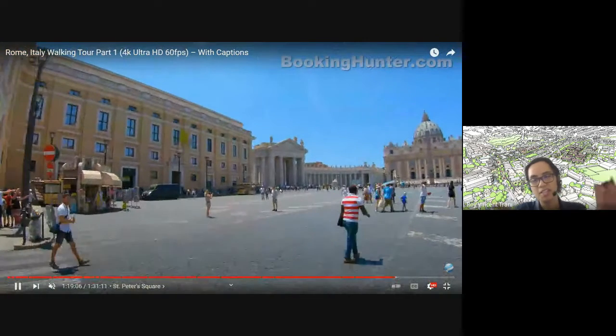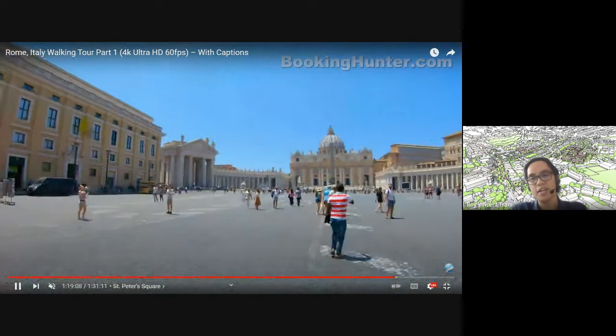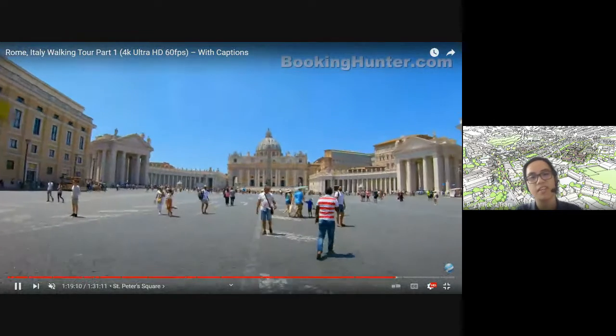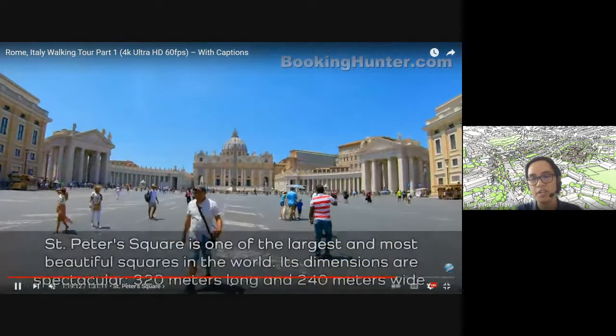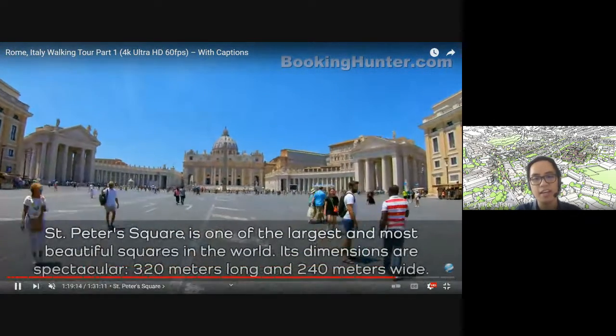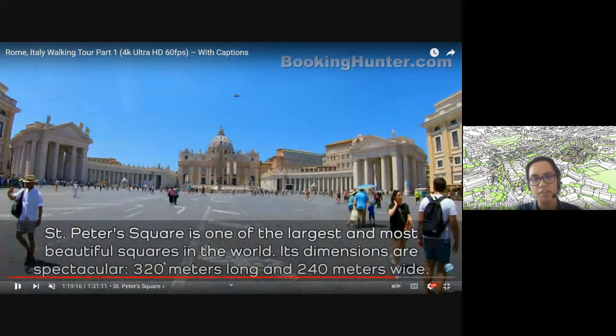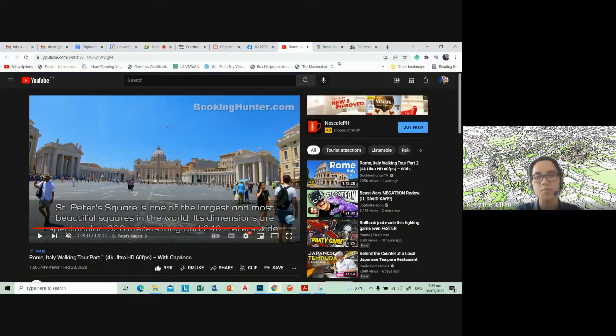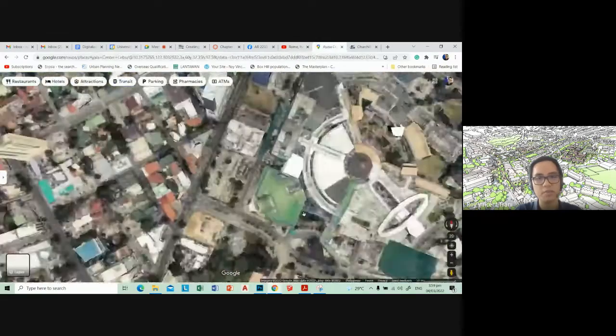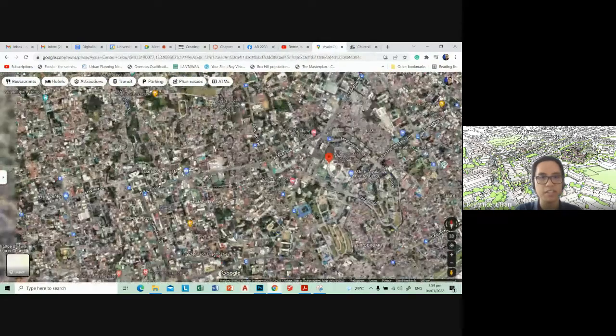So a plaza is basically a wide open space for pedestrians to walk around in, experience the space, and yeah. And it doesn't have to be 320 by 240 meters wide. It can even be smaller, like 100 by 100. That's also a good plaza. A good plaza in Cebu City, just for your reference, would be, let's see, Capitol.